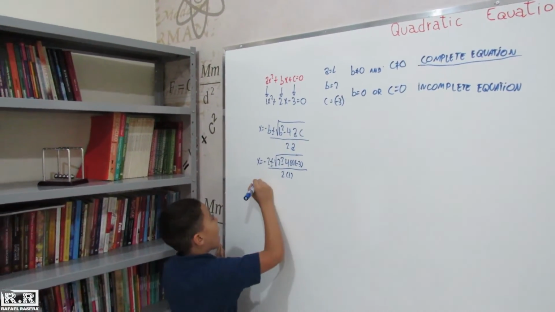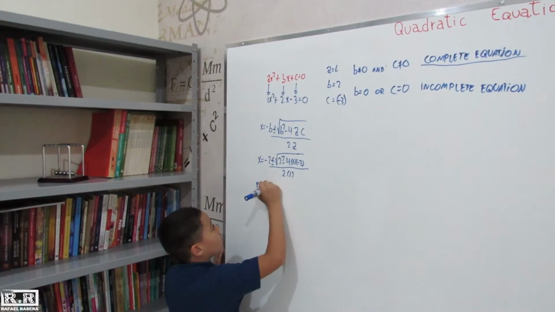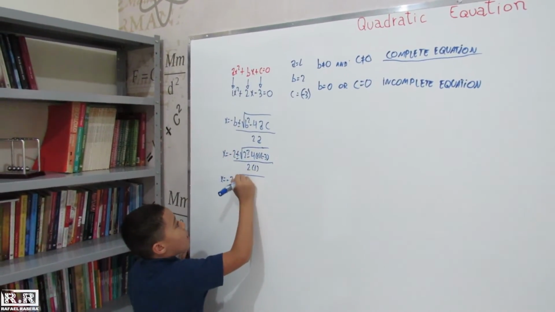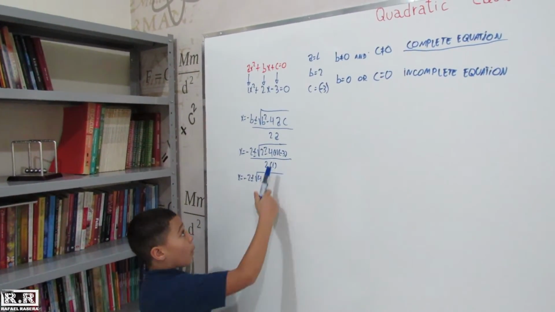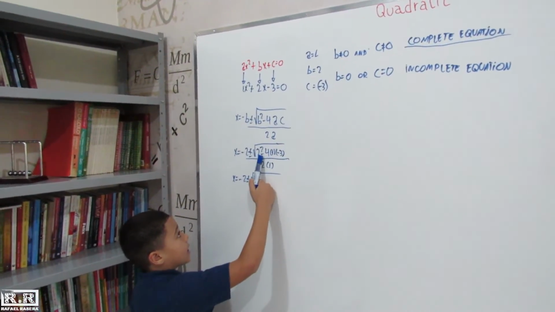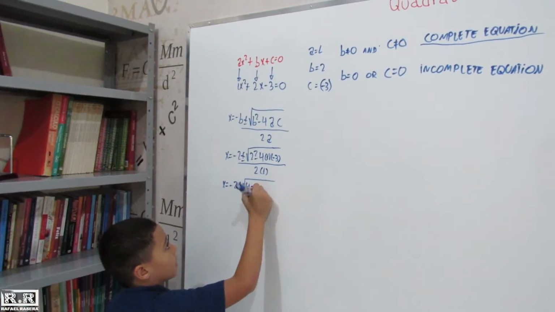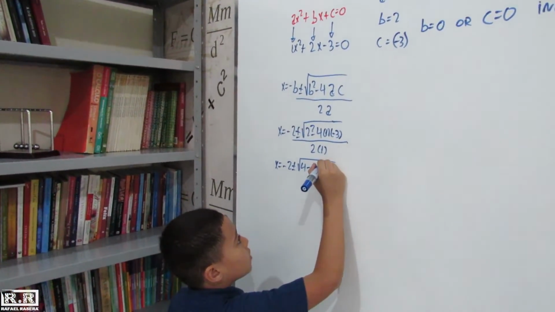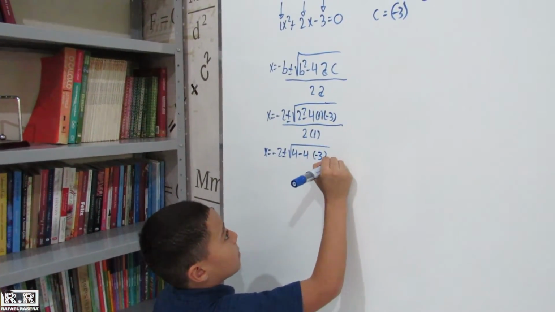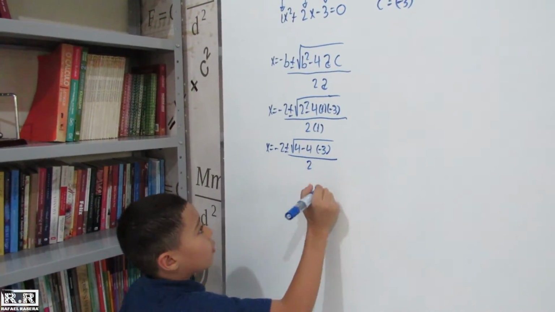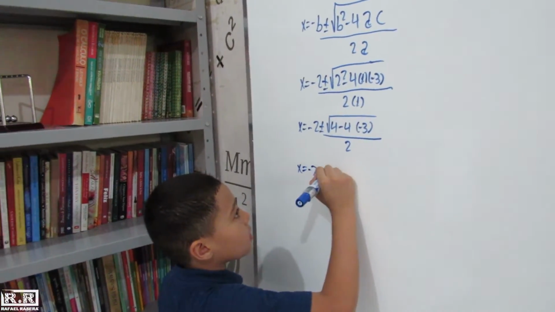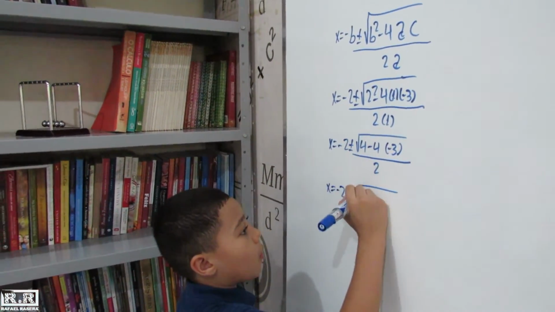Well, x equals minus 2 plus or minus the square root of 2 squared, 4. When we multiply a negative and a positive, we get a negative. Minus 4 times 1 times minus 3, divided by 2 times 1, 2. x equals minus 2 plus or minus the square root of 4.